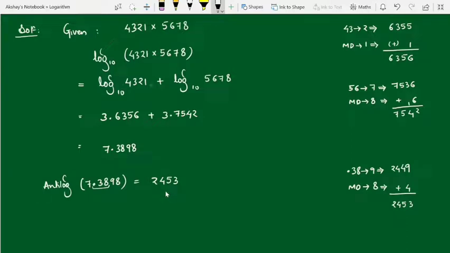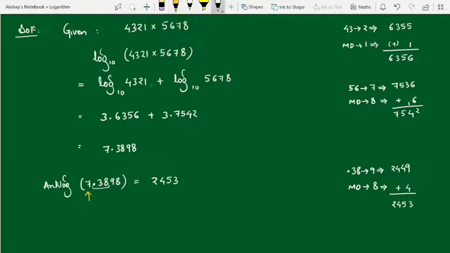So how to read anti-log? You have to start from this decimal point and go till 4 digits, and always remember, leave this characteristic part earlier. This characteristic part I am not touching. From 0.3898 you got the value 2453.